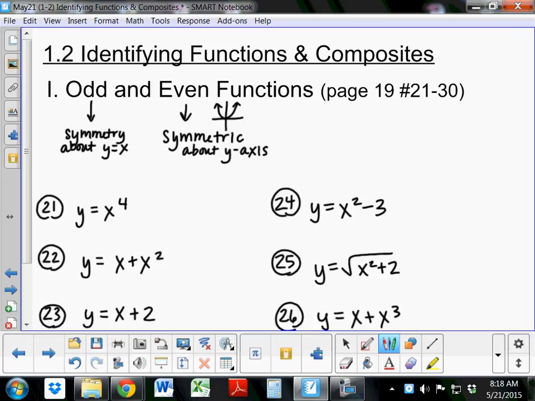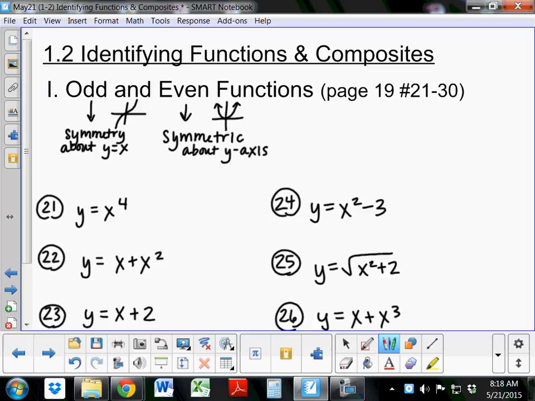So when I talk about this kind of symmetry, I'd be talking about a function that looks like this. It's not symmetry where I would actually fold it over that line, but it's rotational about that line. So if you think about taking that piece and rotating it downward, it would look the same as the piece in the other half. These are terms that you're going to hear thrown out at different points, where we talk about odd functions or even functions.